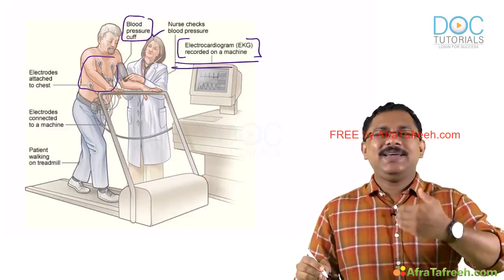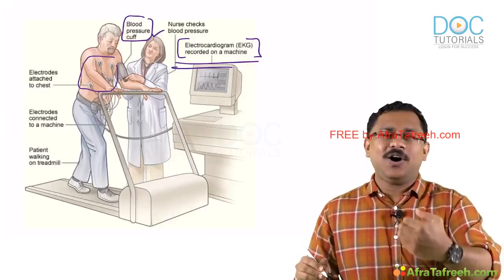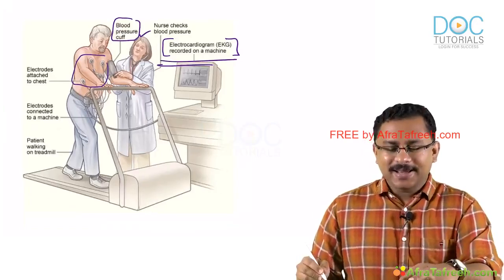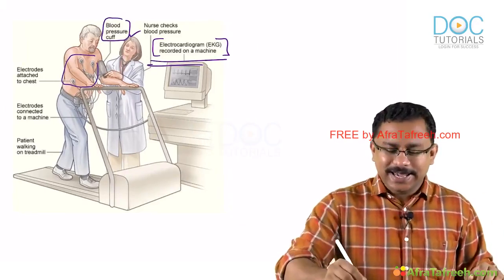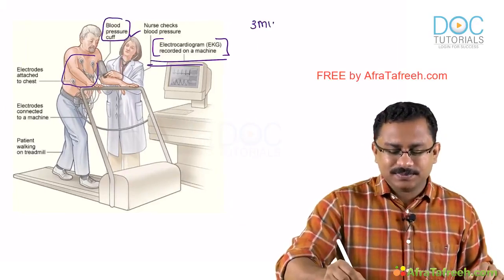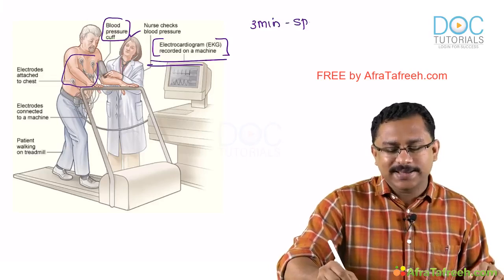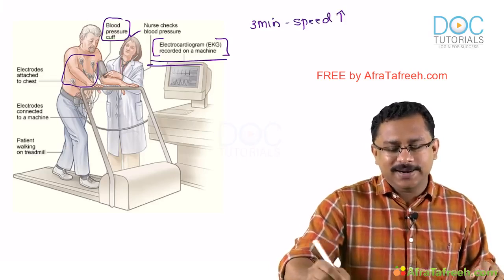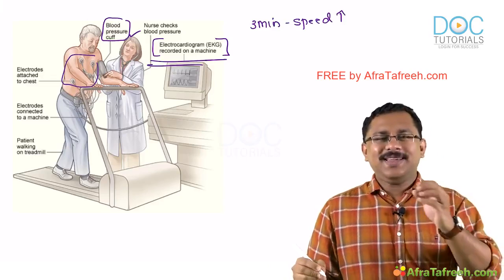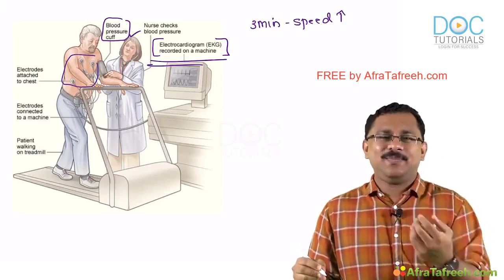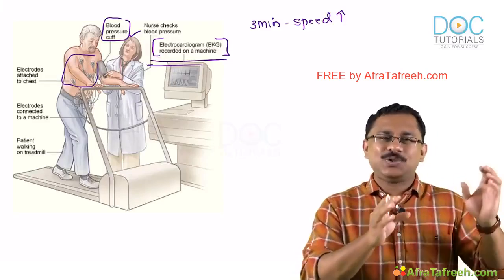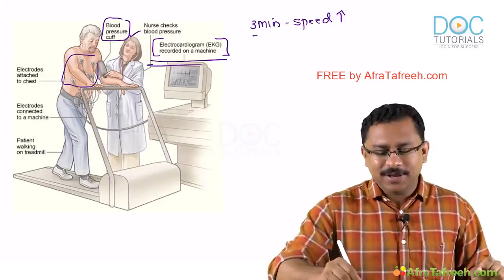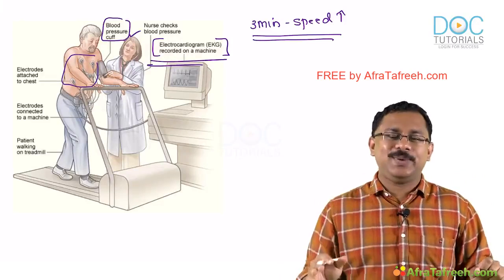The patient is instructed to walk on the treadmill, and progressively the speed is increased. Every 3 minutes you slowly increase the speed of the treadmill. Remember, you are not asking the patient to run, you are asking the patient to walk on the treadmill.